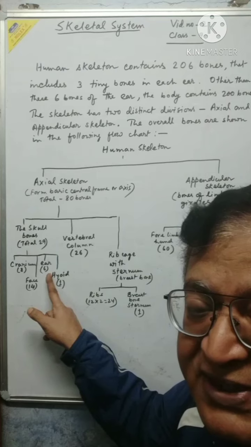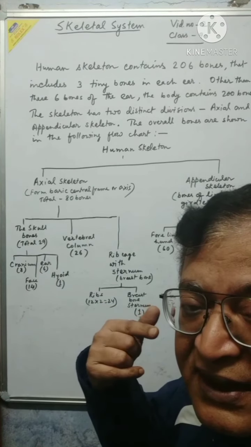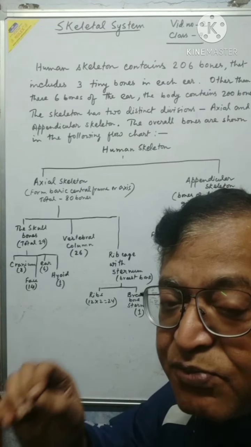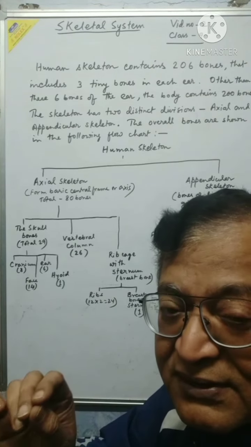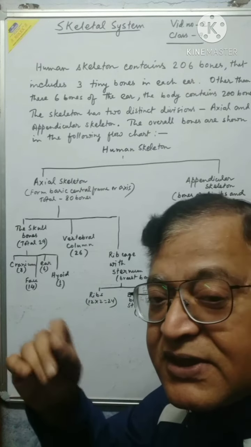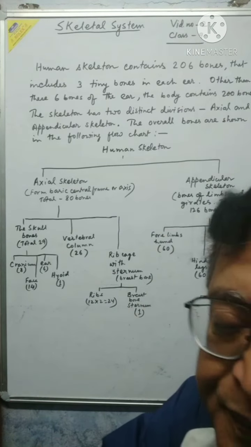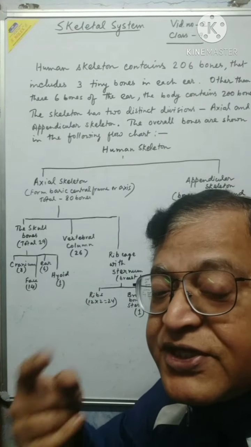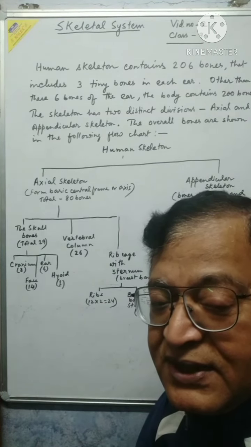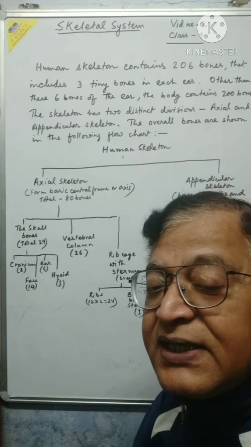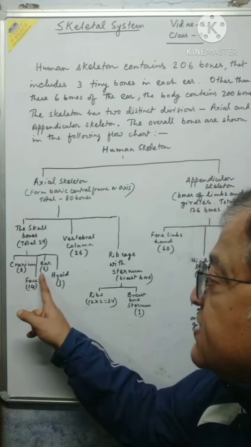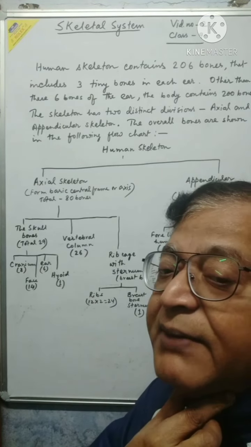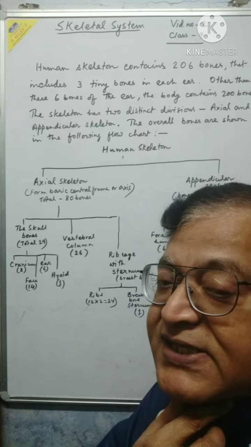Internal ear, as I was telling you, is inside the ear. There are 3 bones in each ear. The smallest bones of the body, malleus, incus, stapes, we will discuss later. These 3 bones are the smallest bones of the body, out of which the stapes is the smallest of all. 6 bones, and the hyoid bone, which is present below the mandible, just above the larynx.